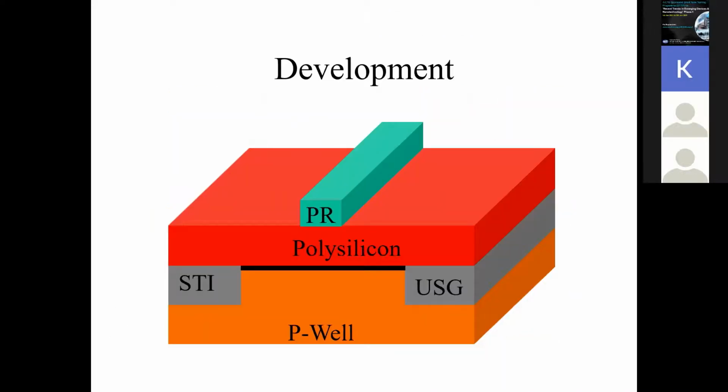Okay, so let's say you have done a good development, and you will see only a region of photoresist still remains on the sample, and from the other region the photoresist has dissolved in the developer solution.